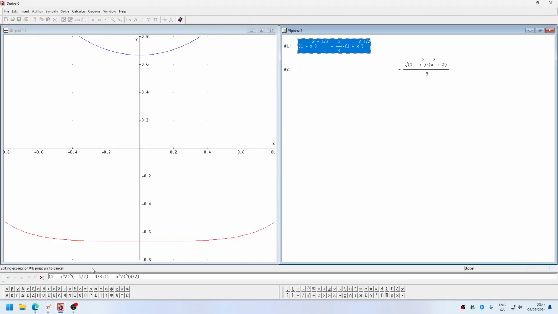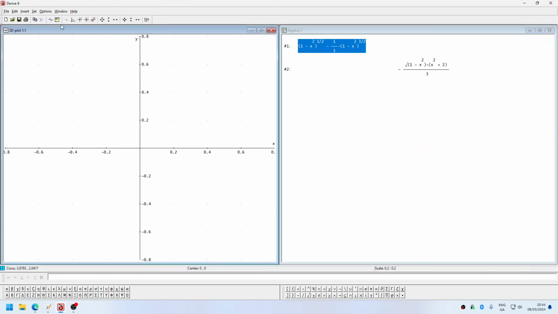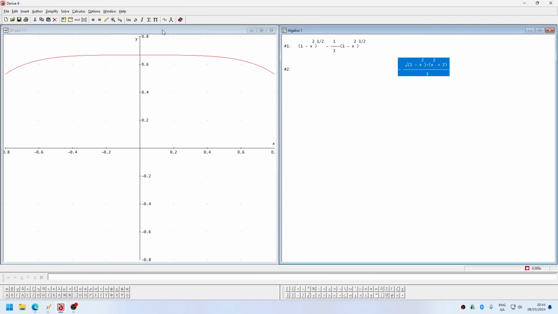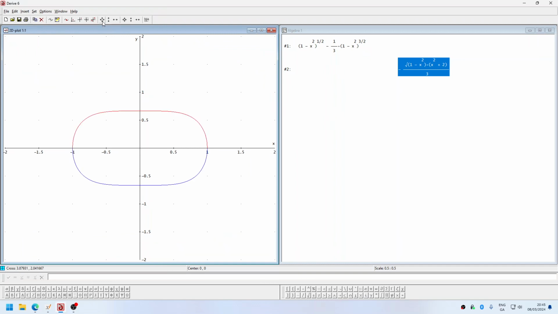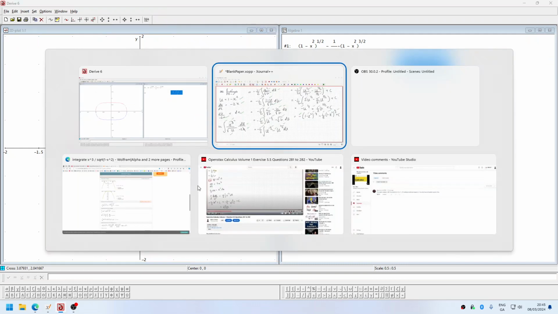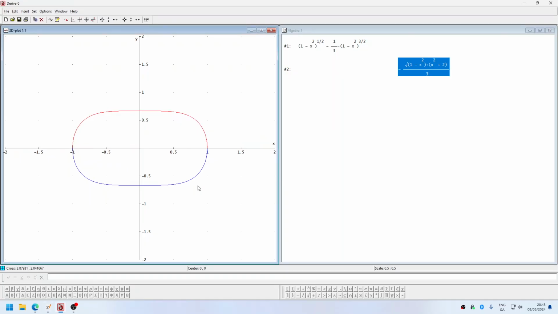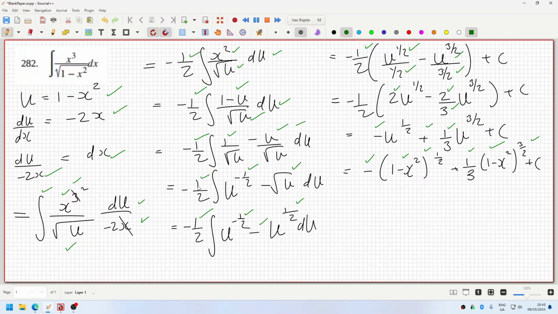Right, let's see. Interesting. So it's the same solution, but just a sign difference. So there's a plus minus issue going on here. Okay, so this is the answer with a potential plus minus question to be answered.